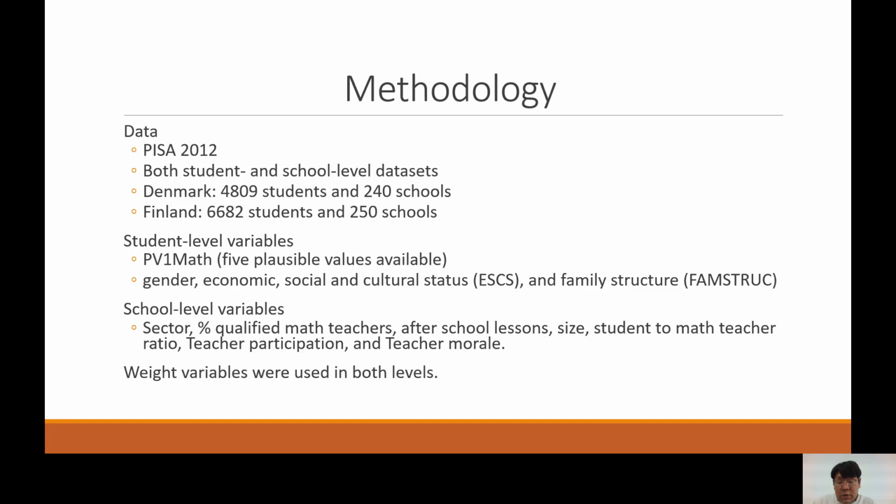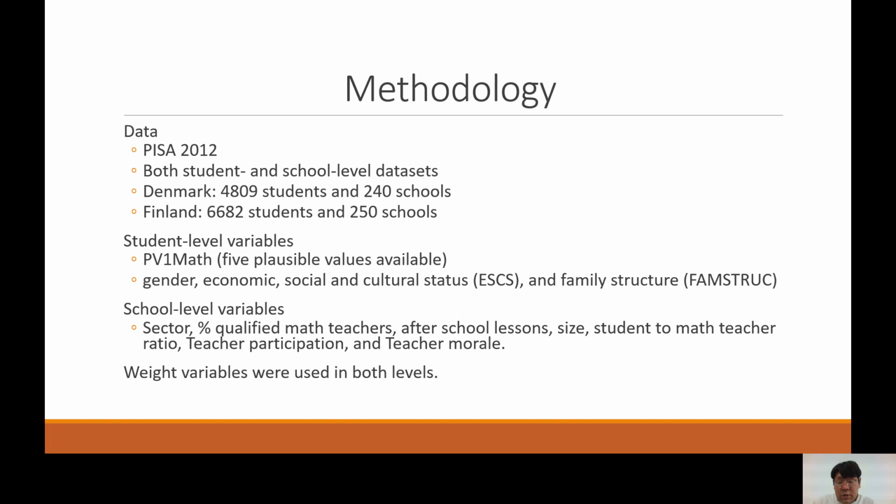So for methodology, we used PISA 2012 data from both countries, both student level and school level. At the student level, there is the achievement score and their gender, and economic, social, and cultural status. This is one variable, ESCS.